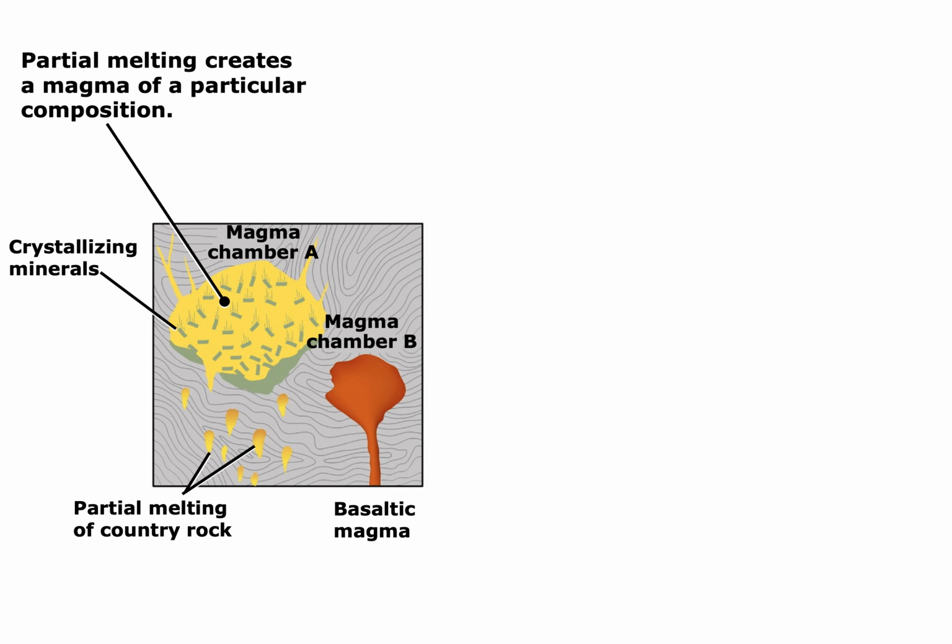When we are talking about partial melting, that means partial melting creates magmas of a particular composition. And yes, that is the additional information here.